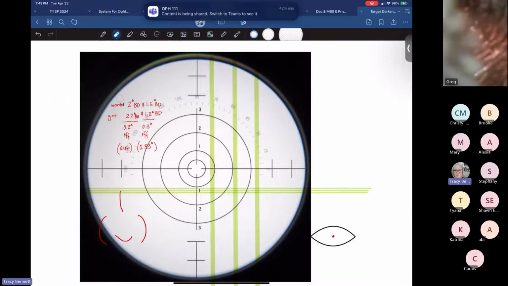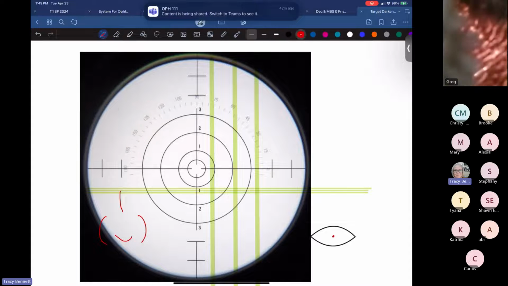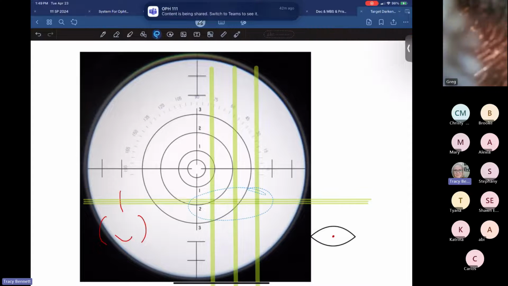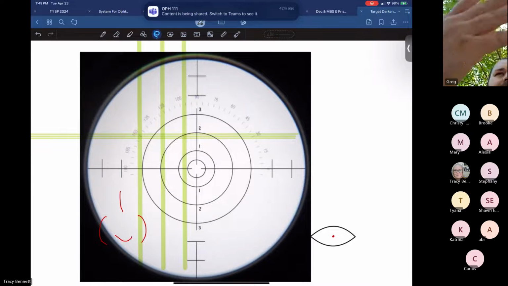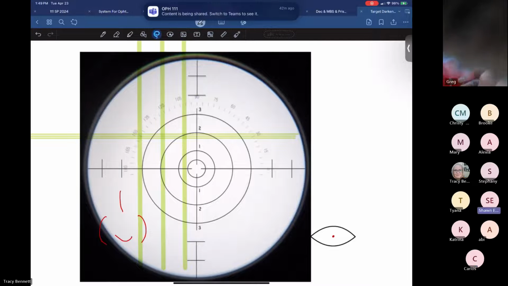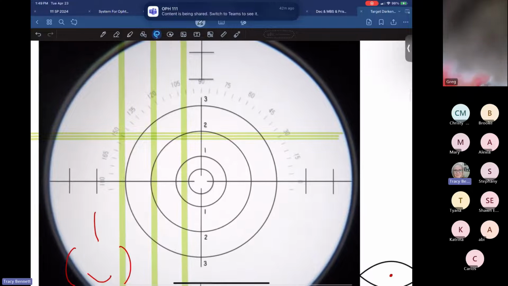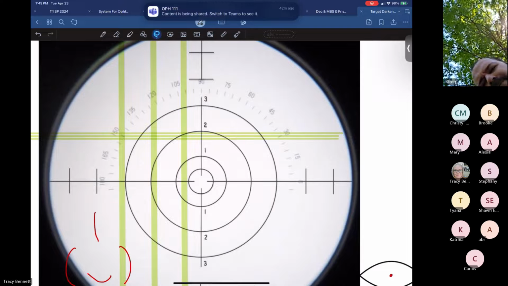Very good. So do you guys feel comfortable with, okay, here's where the lens is, how much prism is displayed? 2.5. What would you get with this one? 1.8 base up.